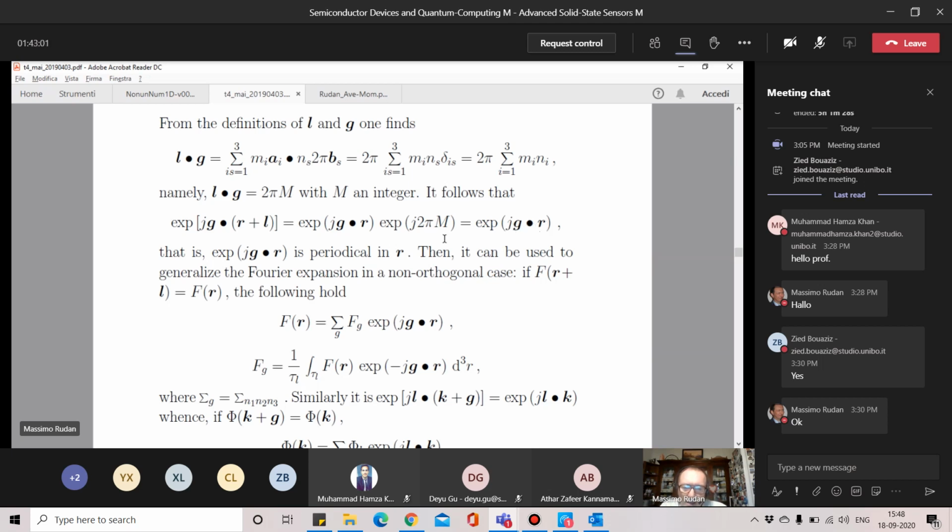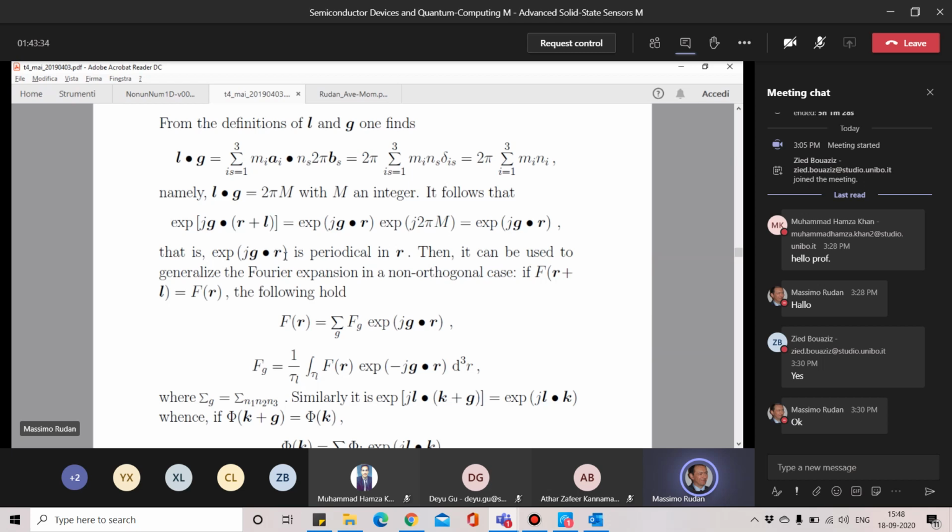You can easily see that this function, exponential of jg dot r, is periodic in the direct lattice, because if you take r plus a period, any period L, the function does not change. It has the same value.